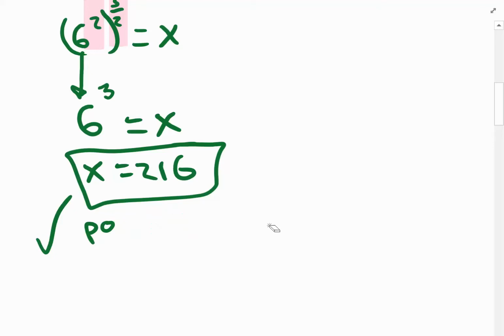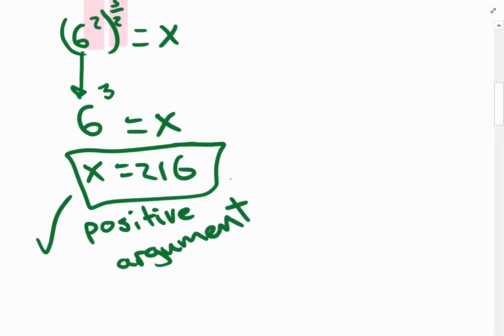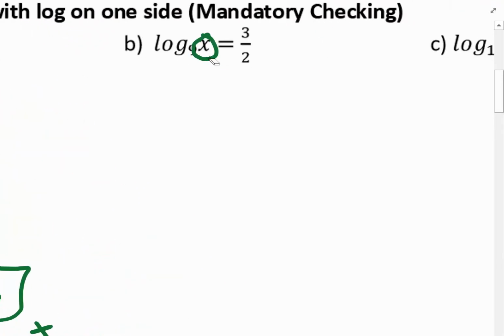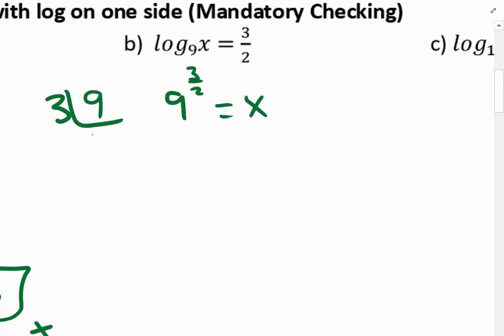So I checked that it's a positive argument. I'll write the words out for this first one. Positive argument. Next one. We start by switching to exponential form, first, last, middle. Then you hedge the 9 to break it up, and we find that it is 3 squared.